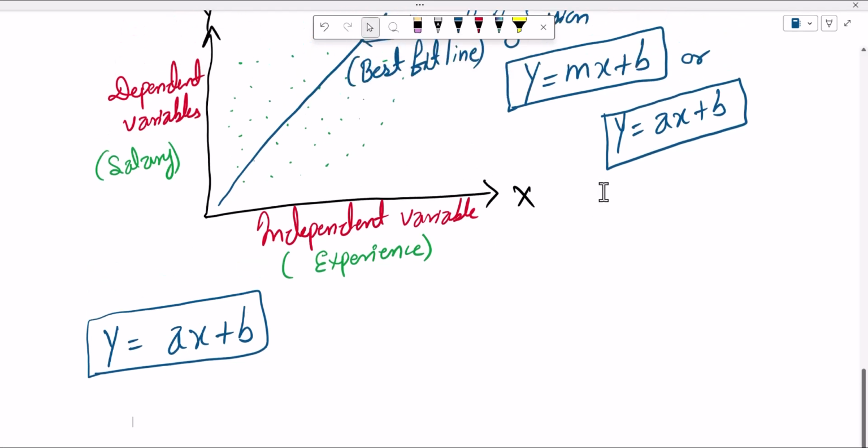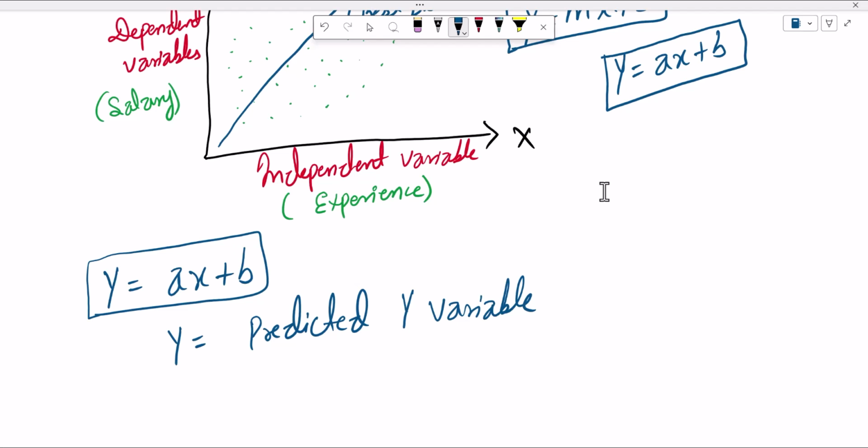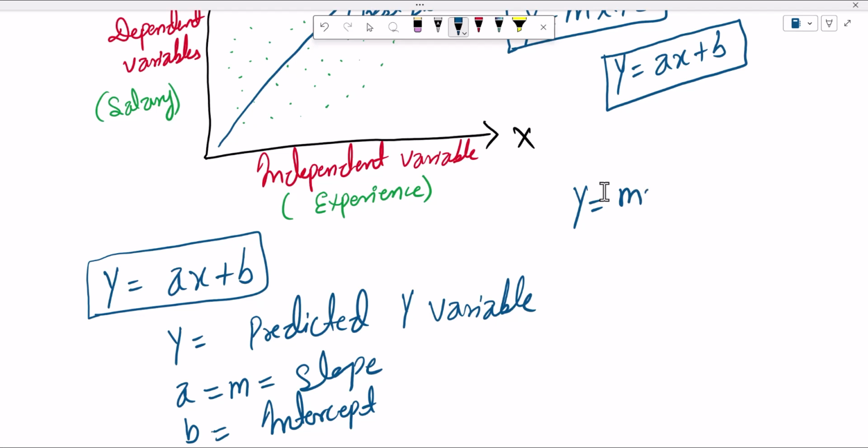Y represents the predicted y variable, a, or you can say m, is the slope, and b is the intercept.